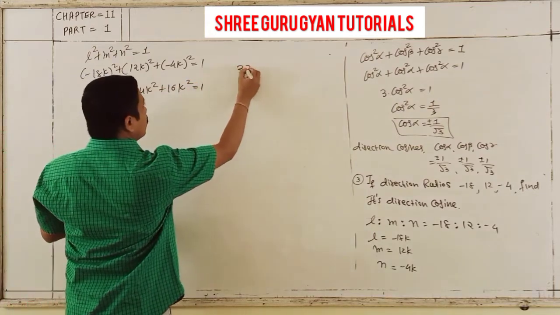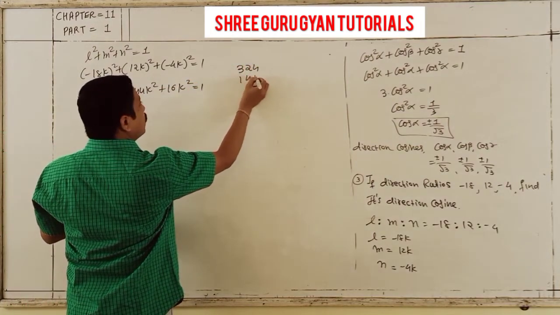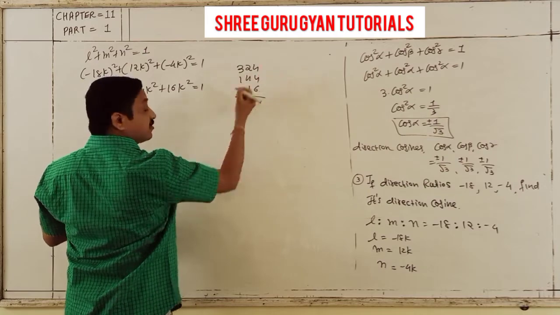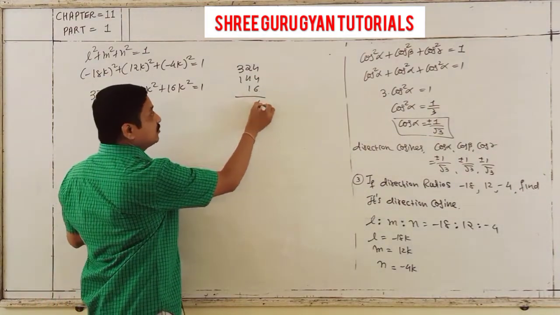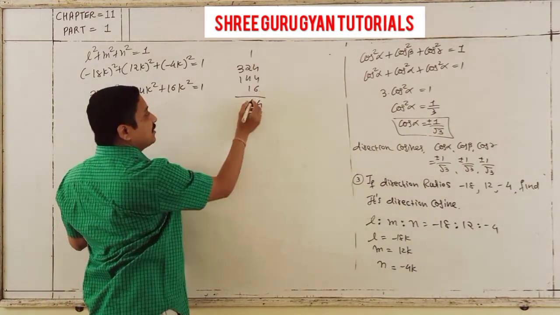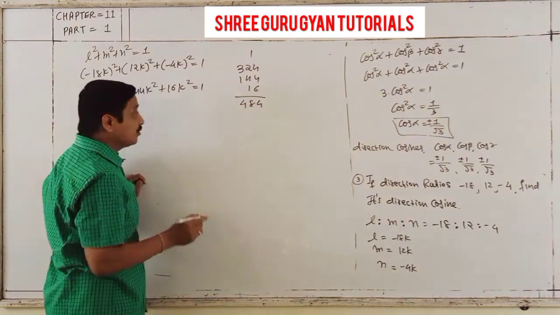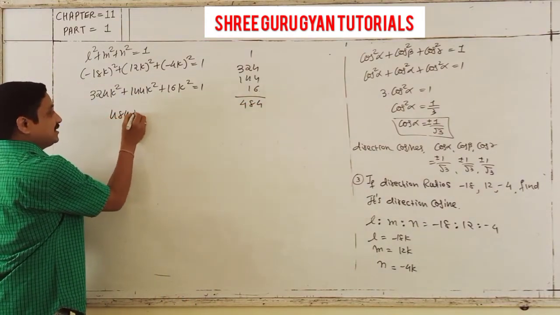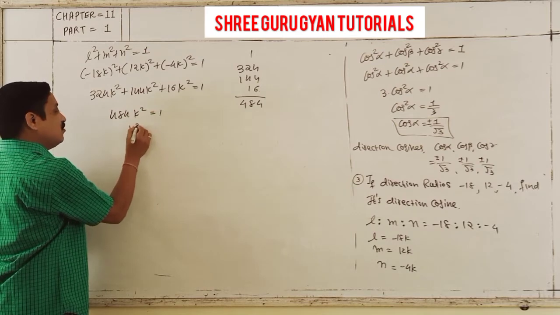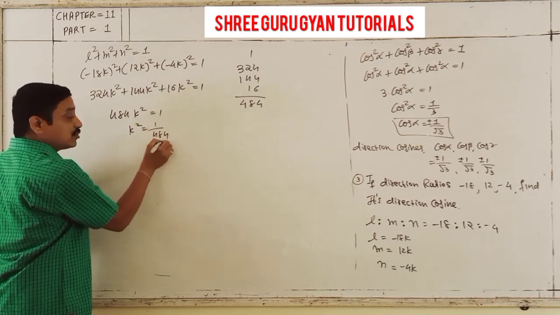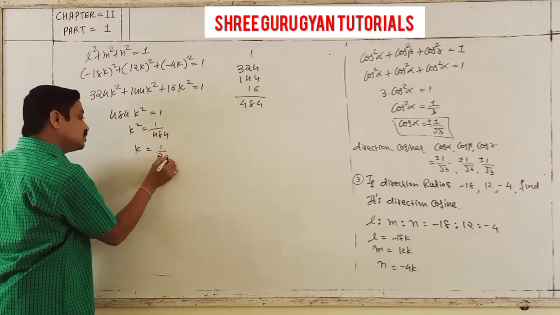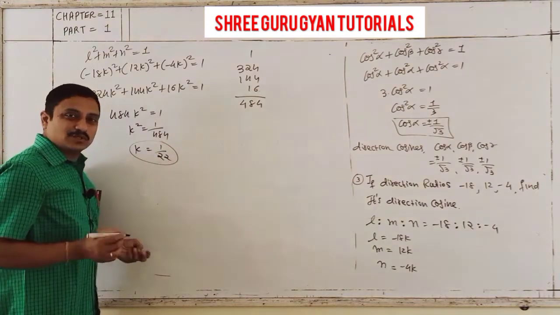So 324 plus 144 and 16 gives 484. Yes, the square root of 484 we write down as 22. Plus or minus is also possible.